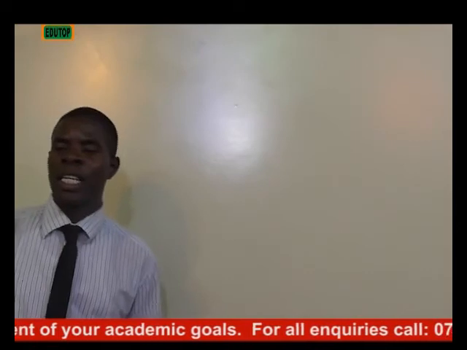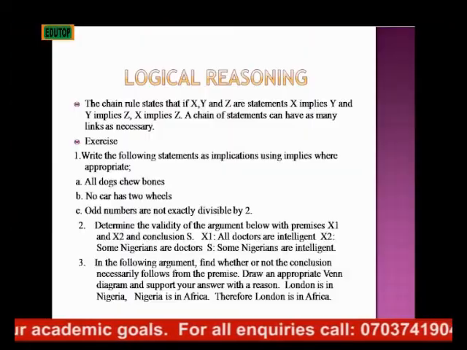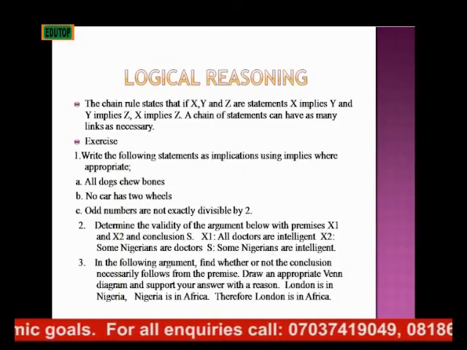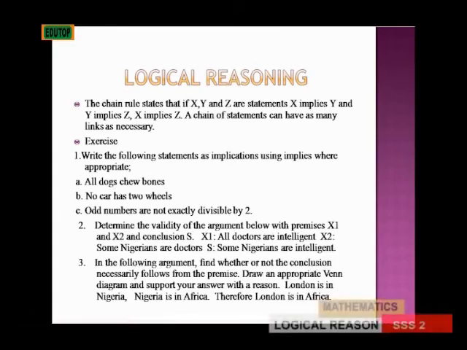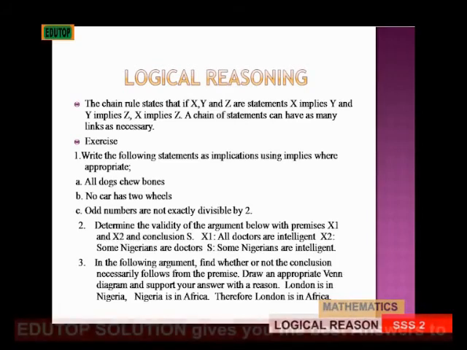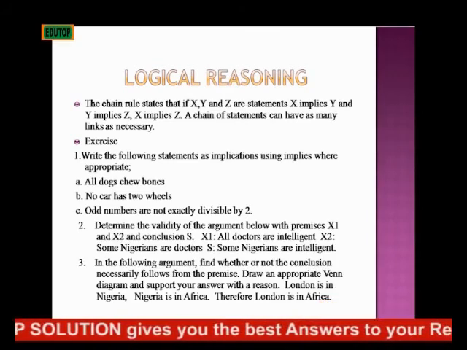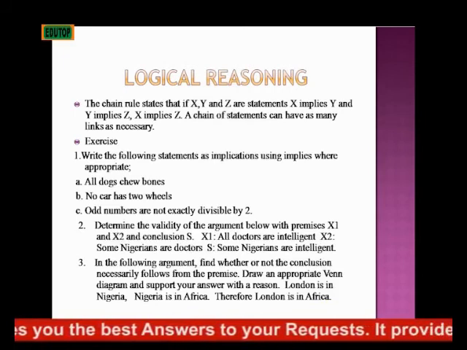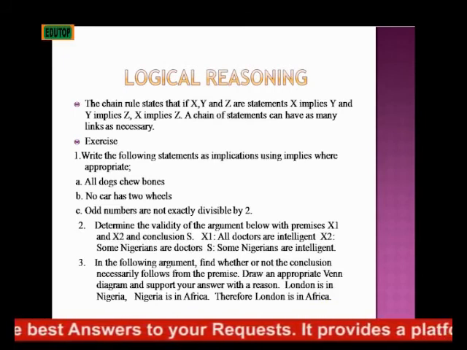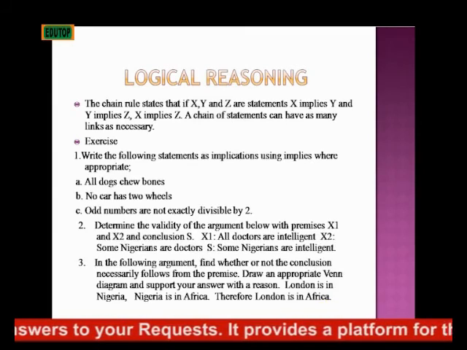Question number 3. In the following argument, find whether or not the conclusion necessarily follows from the premises. Draw an appropriate Venn diagram and support your answer with a reason. London is in Nigeria.